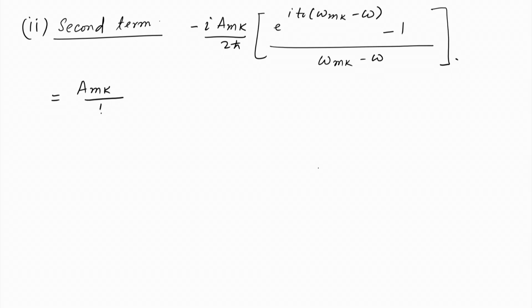So, this is h cross, and we will keep an exponential i t naught by 2 omega m k minus omega.